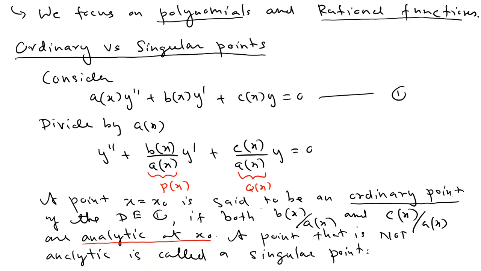So we have ordinary points, that means points at which those two functions b(x) over a(x) and c(x) over a(x) are analytic, and we have singular points, that means at least one of them is not analytic. So that's kind of interesting. So let's look at several examples.